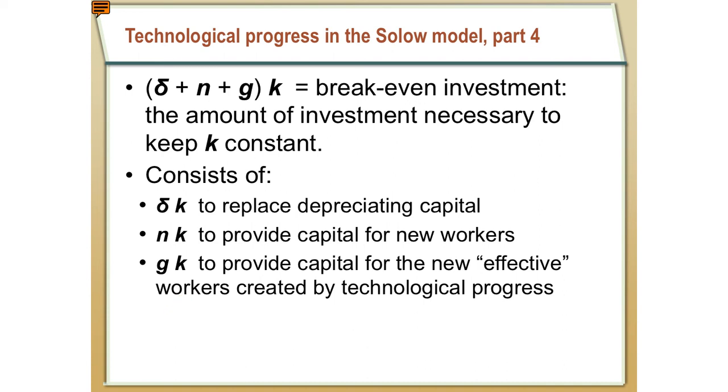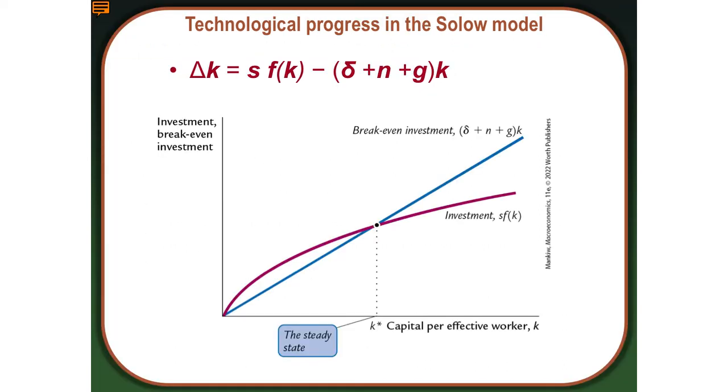Again, this is just the modeling technique that we're using to account for an increase in productivity. So we're essentially adding new workers without actually adding new human beings. Again, the good news here is that the graph and the mathematical technique that you would use to solve for steady state is exactly the same as we've seen right along.